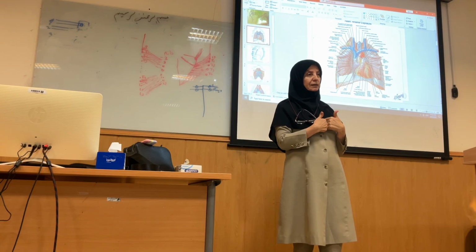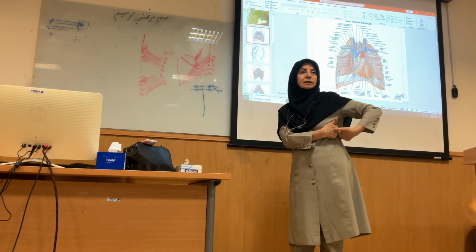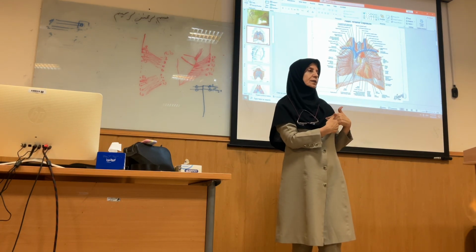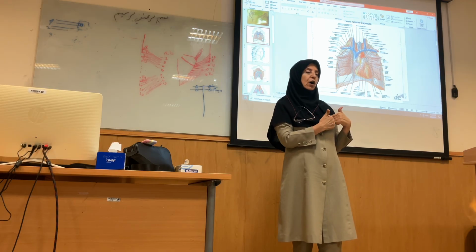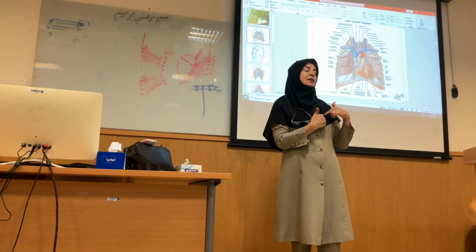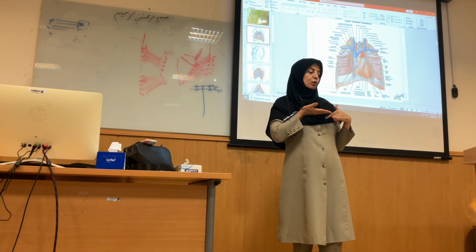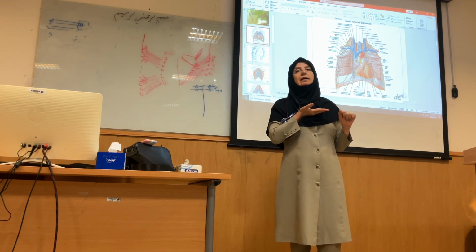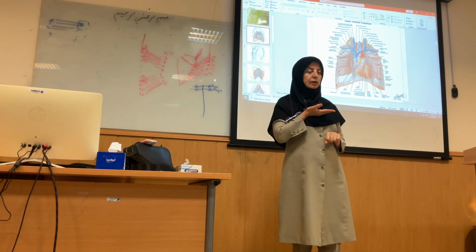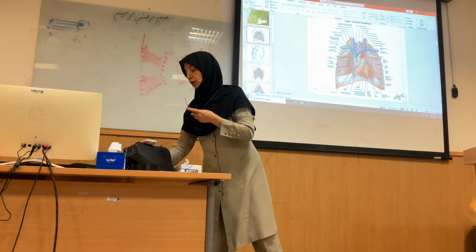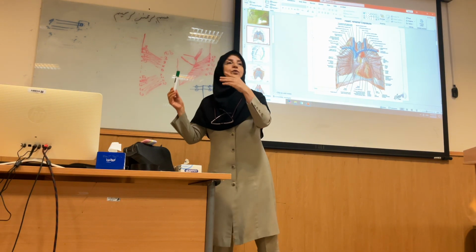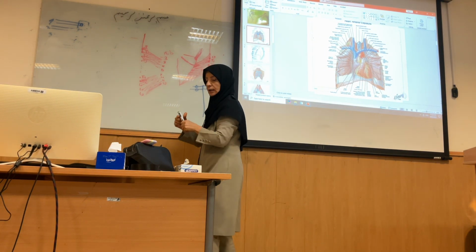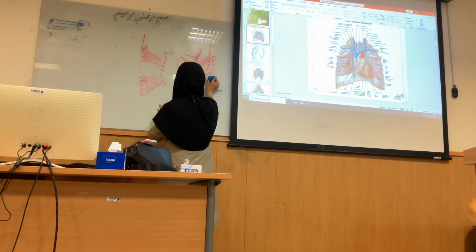Not 2 centimeters, not 11 centimeters. If you go 8 to 9 centimeters from the sternum in the fifth intercostal space on the left side, you can find the position of the apex.